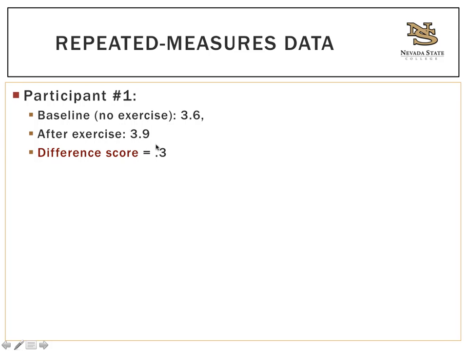What we're interested in is this: how different are those scores? Because as a researcher, we're expecting a significant difference, something that is statistically significant. So we're really interested in that 0.3 more than that 3.9. That will be what we end up analyzing.